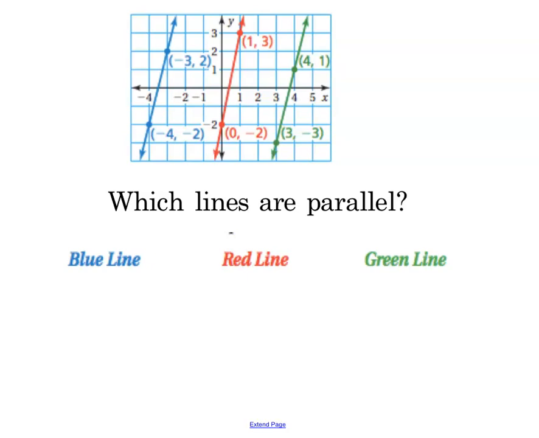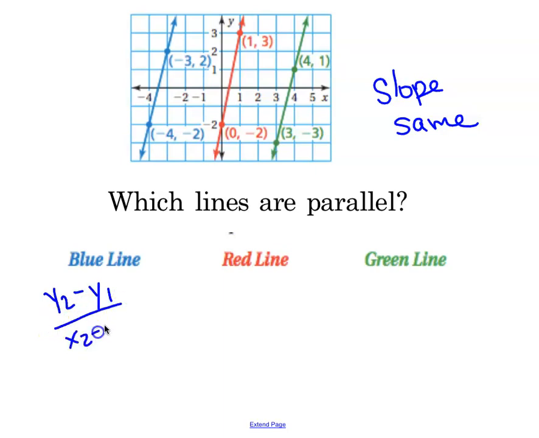So we are going to focus on parallel first. In order to determine if lines are parallel, the slope has to be the same, okay? So if we look at the blue line, we need to find the slope. So we are going to do y2 minus y1 over x2 minus x1. And it doesn't matter what you call y2, just make sure you're consistent.